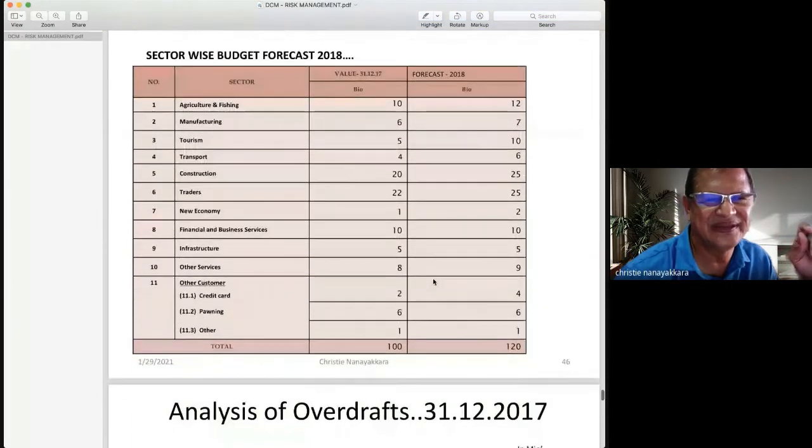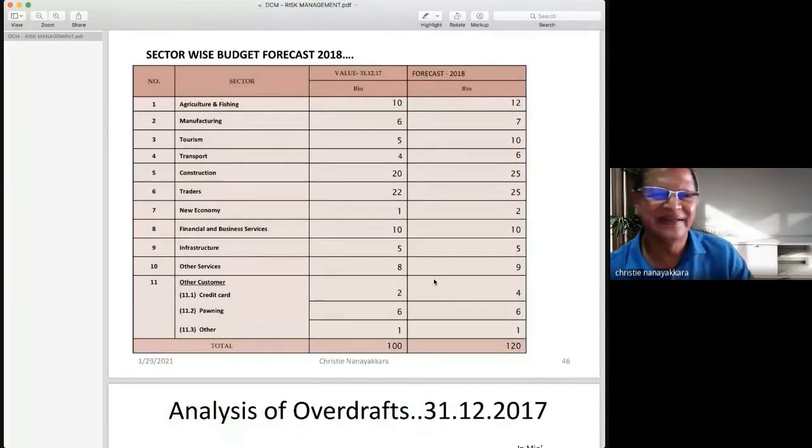Then this is a very important slide, because the central bank wants our industry sectors. They have given us certain industry sectors and requested us to put our loans and advances into those sectors. They have given agriculture and fishing, manufacturing, tourism, transport, construction, traders, new economy, financial and business services, infrastructure, other services, and other customers.